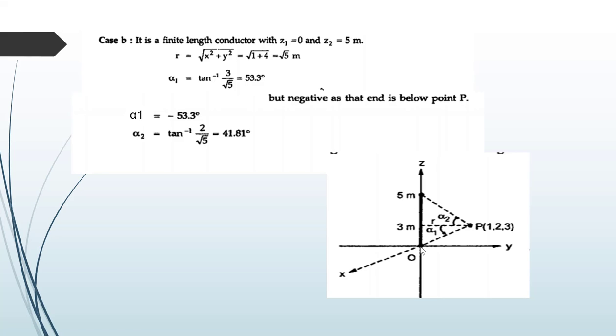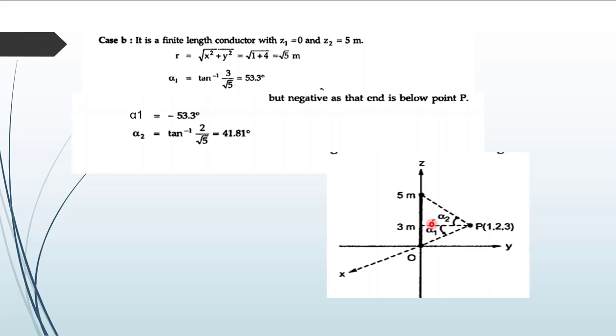So Z1 we will consider as the first point, that is at 0, and Z2 we will consider as the second point, that is at 5 meters, like this. So this is a finite filament again. Now point P is somewhere here, 1 comma 2 comma 3. So if I draw a perpendicular from point P towards the filament, it will meet at 3 meters, because in this the P z distance is 3 meters.